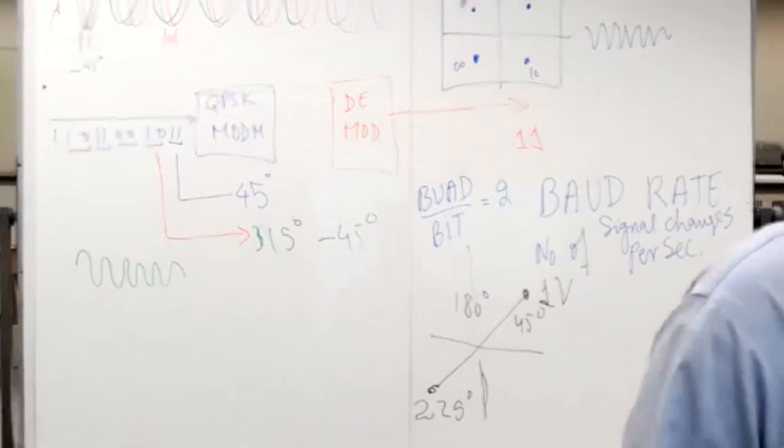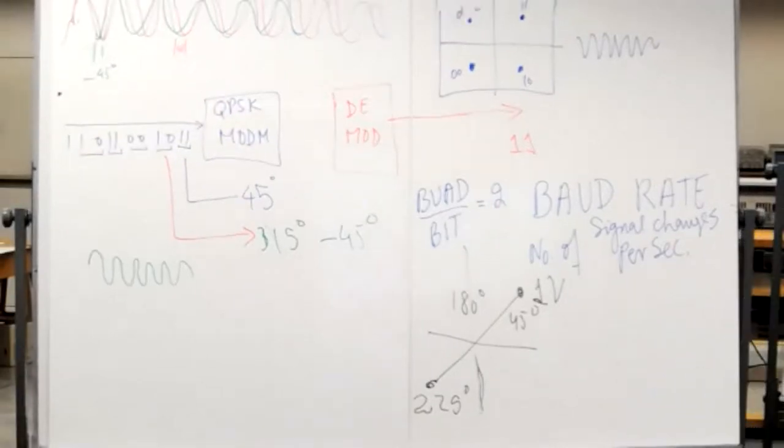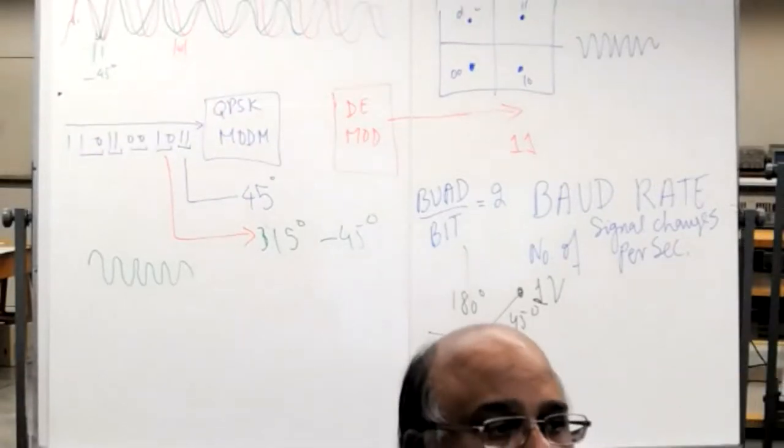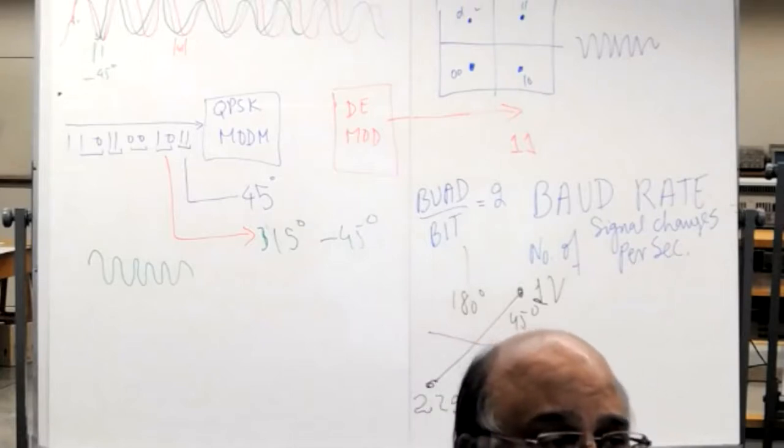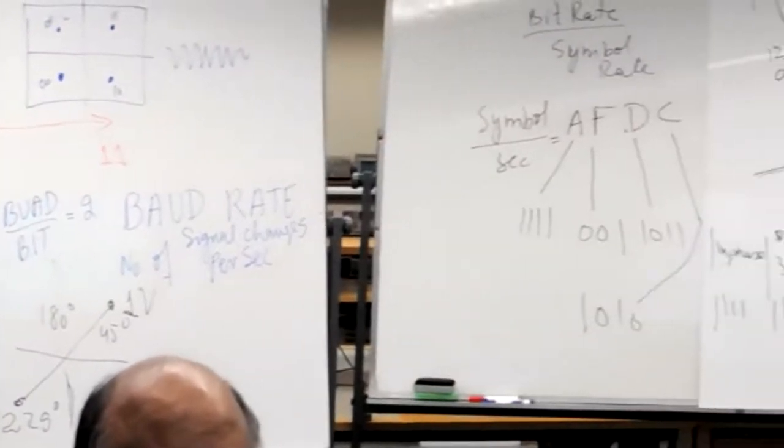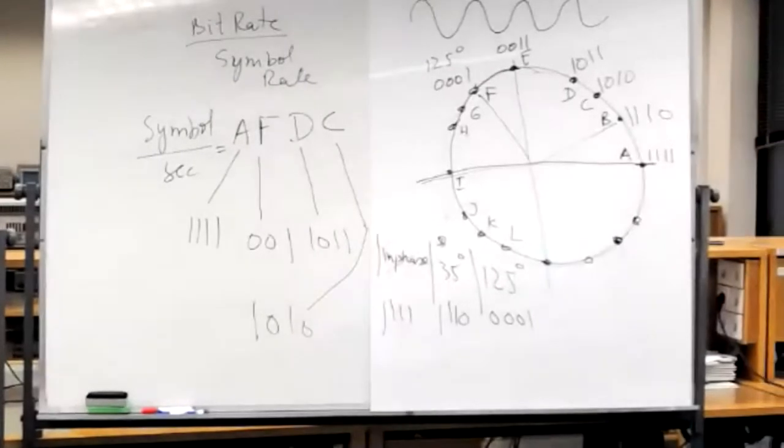So the most secure is when you are sending only 2 points on the constellation diagram, and you are only sending 1 bit per baud. That would be the most secure one.